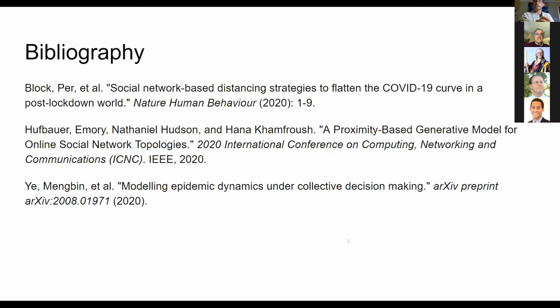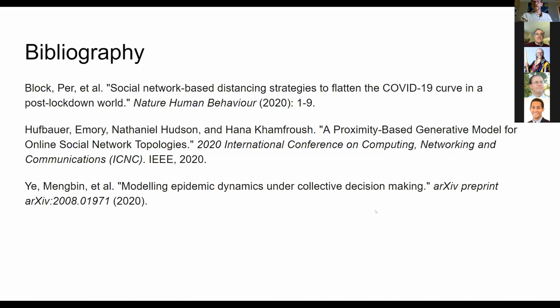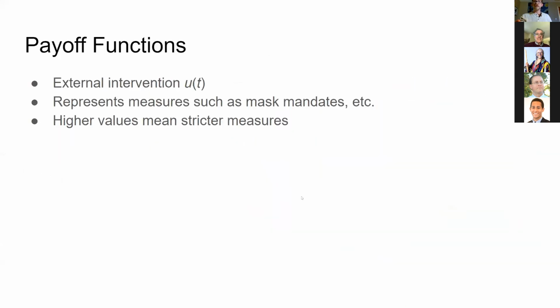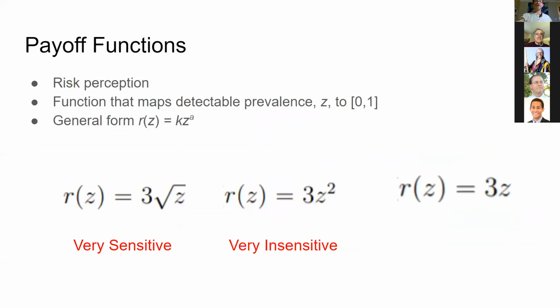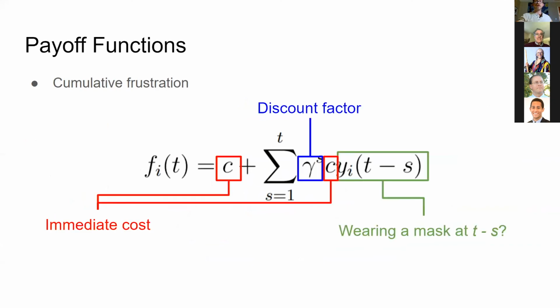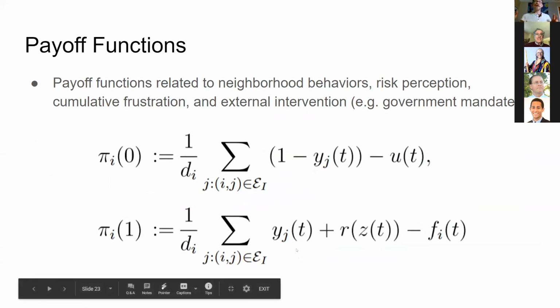A question from the chat: are the underlying networks static or dynamic? That goes back to the influence layer versus contact layer thing that we mentioned before. The influence layer is static, and this is the one that shows us what our friends are doing. As for the payoff functions, the summation at the beginning of each of these is sort of a homophily term.